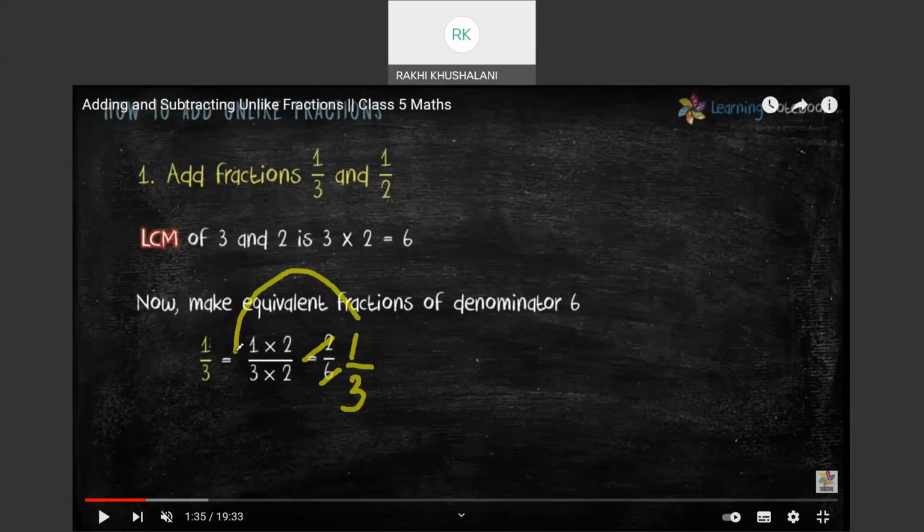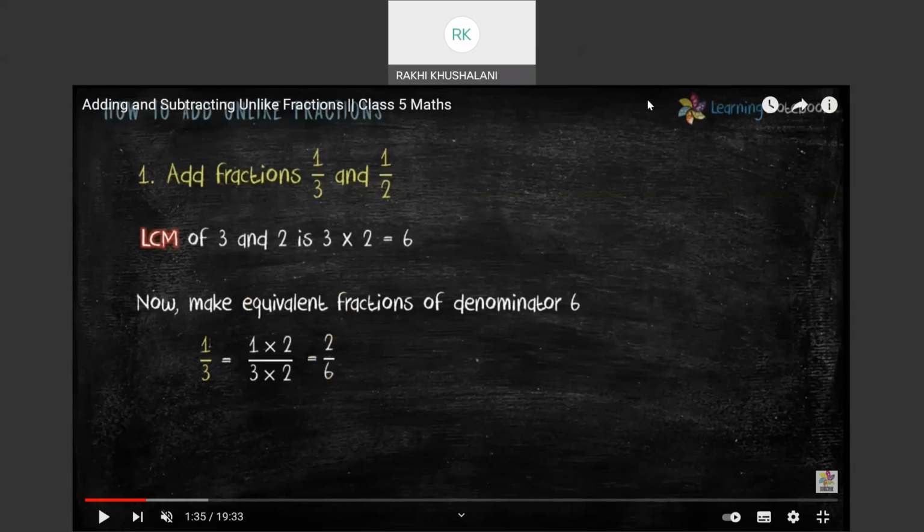They both are equivalent. That means that 2 by 6 is an equivalent of 1 by 3. Dear children, I am not changing the value of the fraction. वो 2 by 6 बनने के बाद भी वो 1 by 3 ही है.